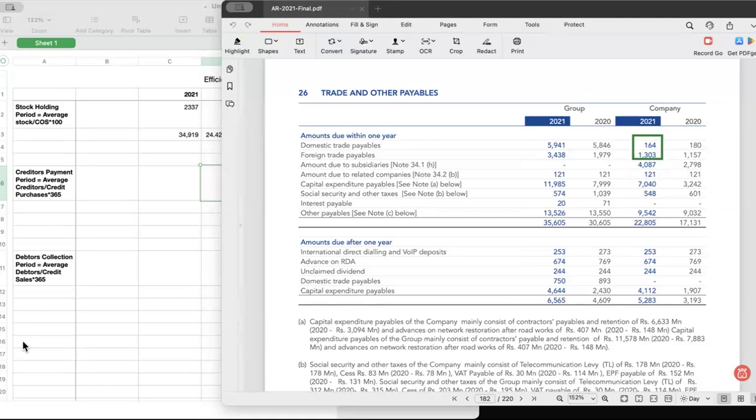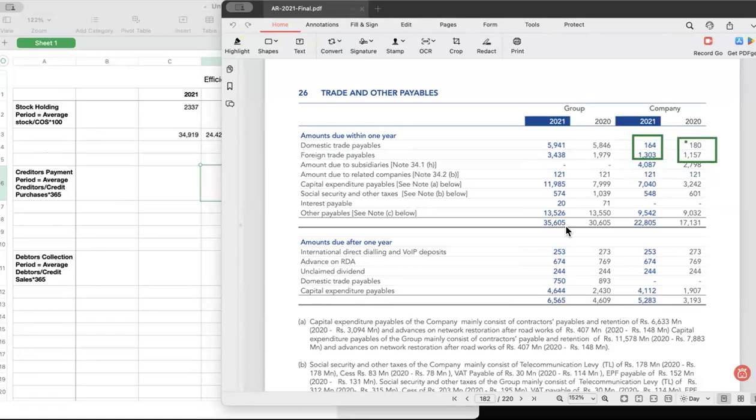So that is 164 plus 1303, and also this one. You have to find the average creditors.